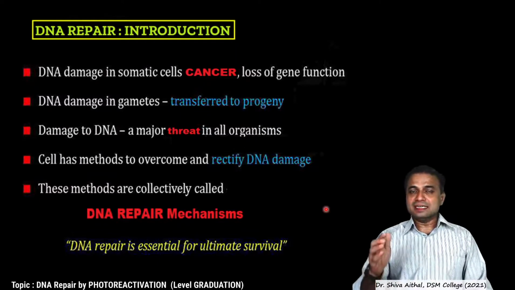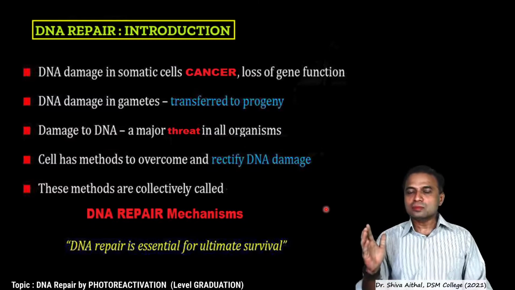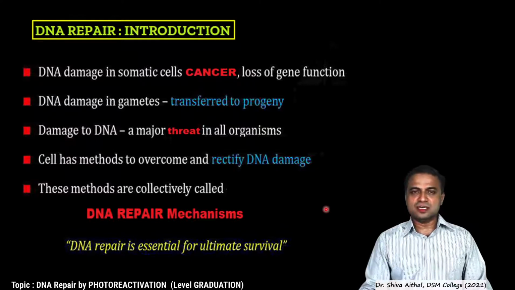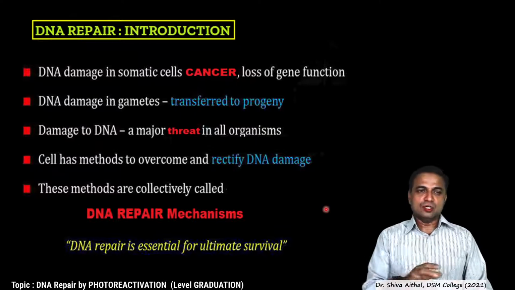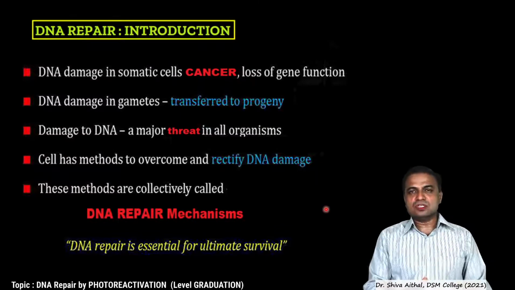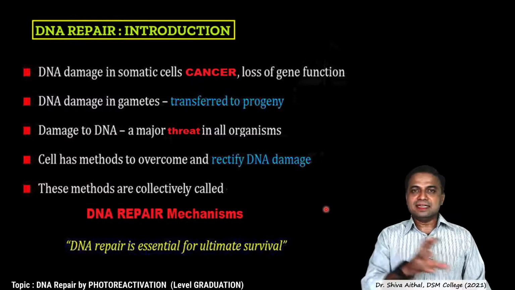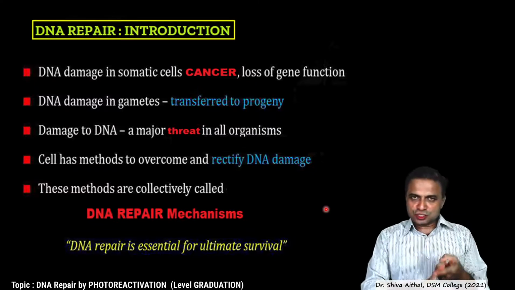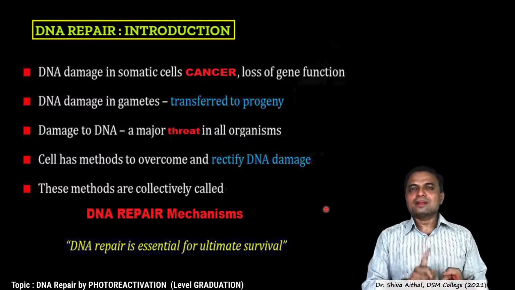Damage to the DNA is a major threat to the metabolism, so it is a major threat to the life of all organisms. So most cells have a mechanism to rectify this damaged DNA to overcome the damage. All these methods are collectively known as DNA repair mechanisms. So DNA repair is a very essential process for the ultimate survival of the cell, the tissue, the organ and the organism.